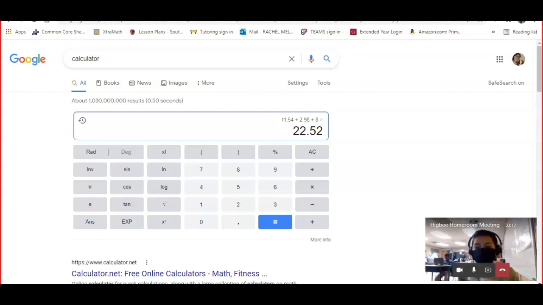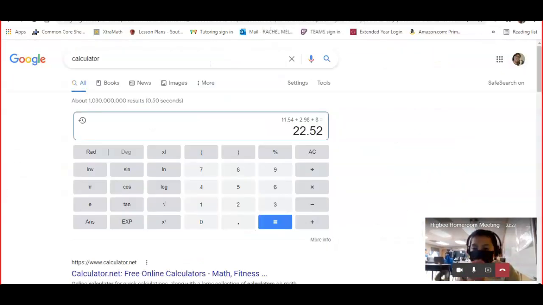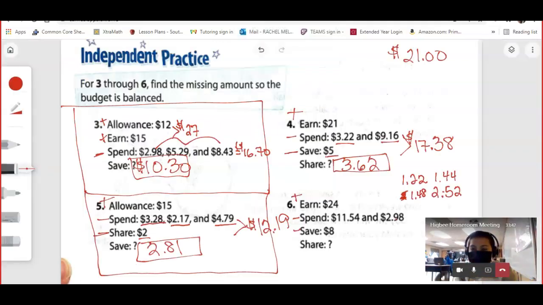Because I imagine if you got this wrong, it might be that step. Okay, so then our income was $24. So I need to subtract that from $24. So $24 minus $22.52 gives us $1.48. So who was correct? Anthony was correct.